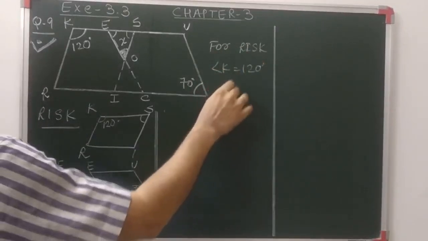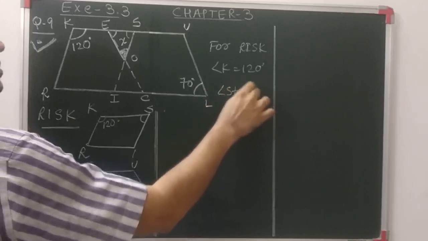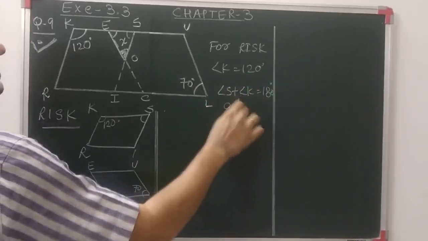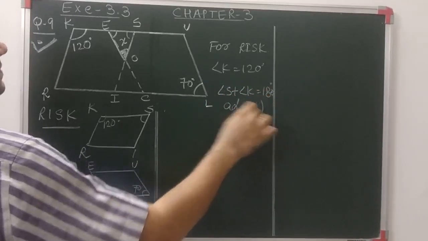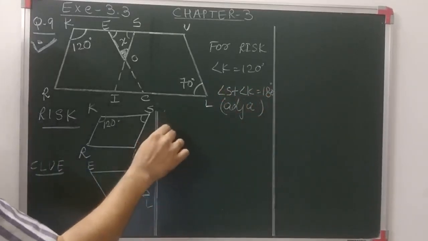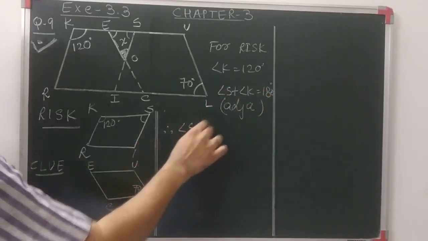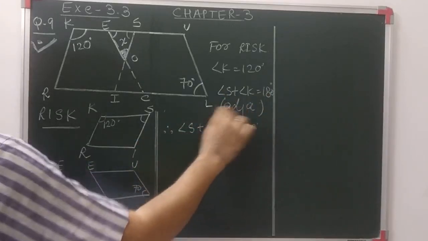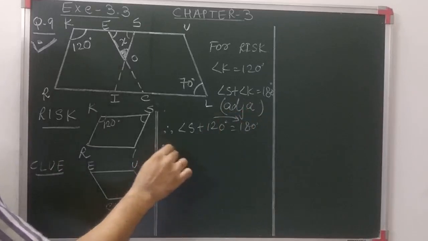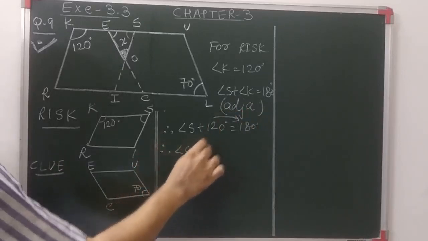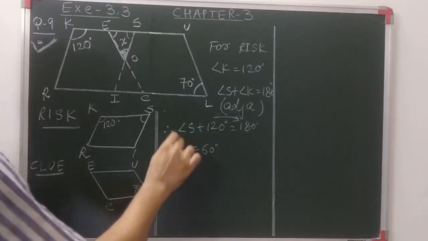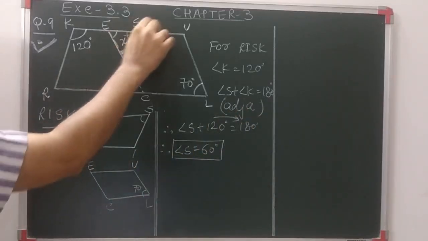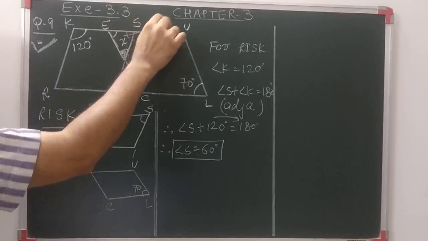We'll use that angle S plus angle K is equal to 180. The reason is they are adjacent angles. So angle S plus 120 is 180. I take this to the right hand side. So angle S is equal to 60. So this angle S we obtain, that is 60.